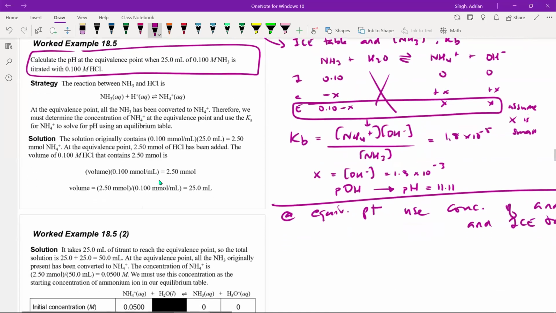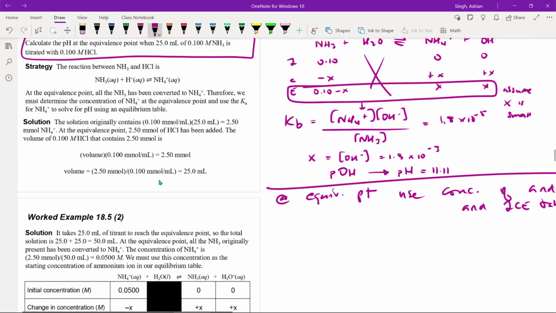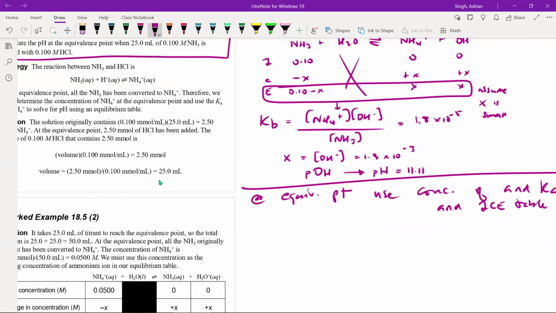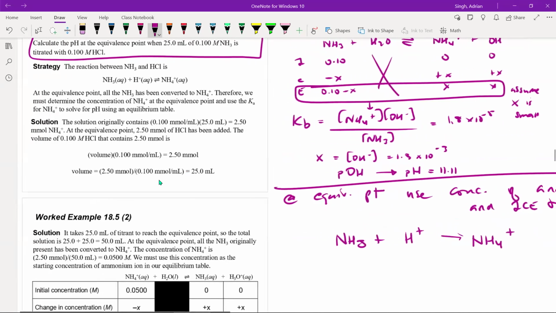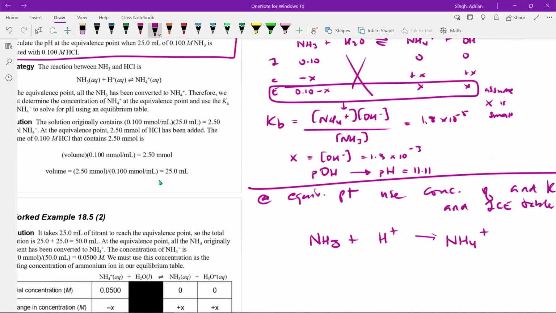Once we start adding H plus to this, the NH3 will react with any H plus from the HCl, and we end up making the ammonium ion, NH4 plus. So at the equivalence point, all of the NH3 would be converted to NH4 plus.